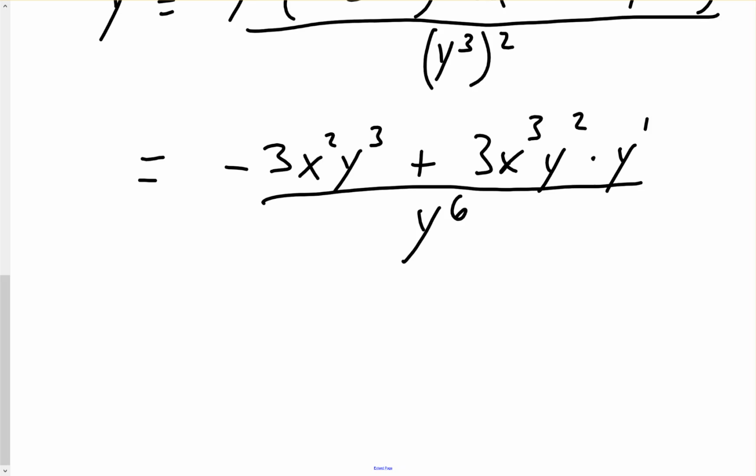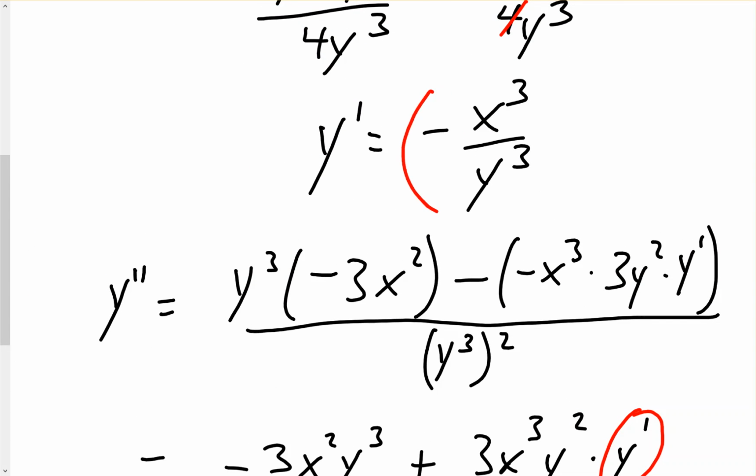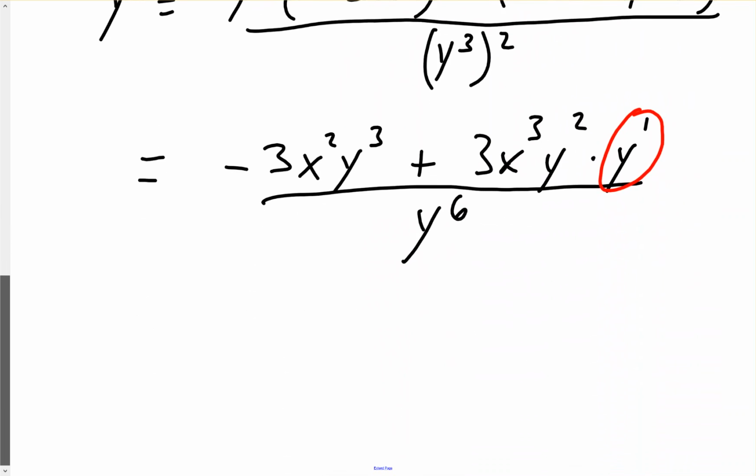Okay, next step we're going to do is, we have y prime in here. So what we're going to do now is replace that y prime with what y prime was equal to. Okay, so y prime was equal to negative x cubed over y cubed. So we're going to replace that y prime with that.